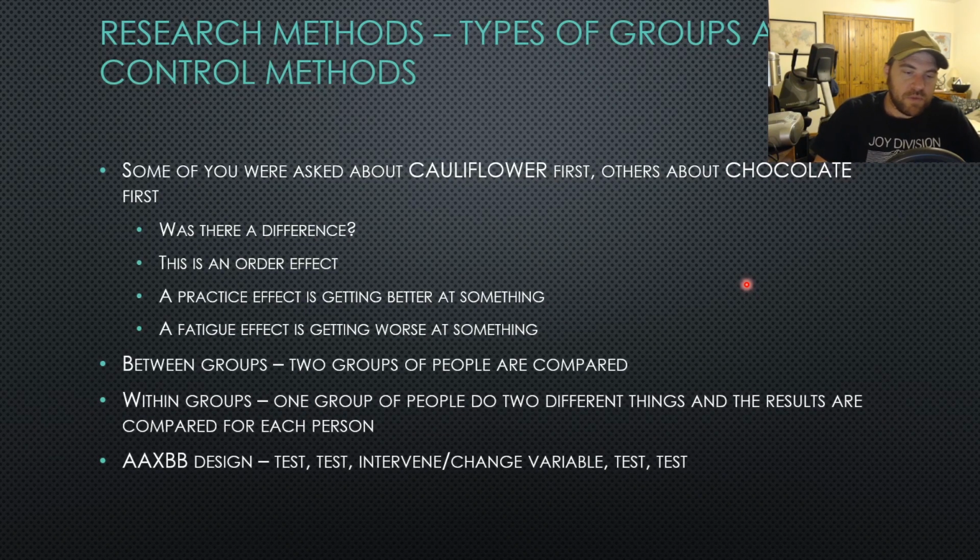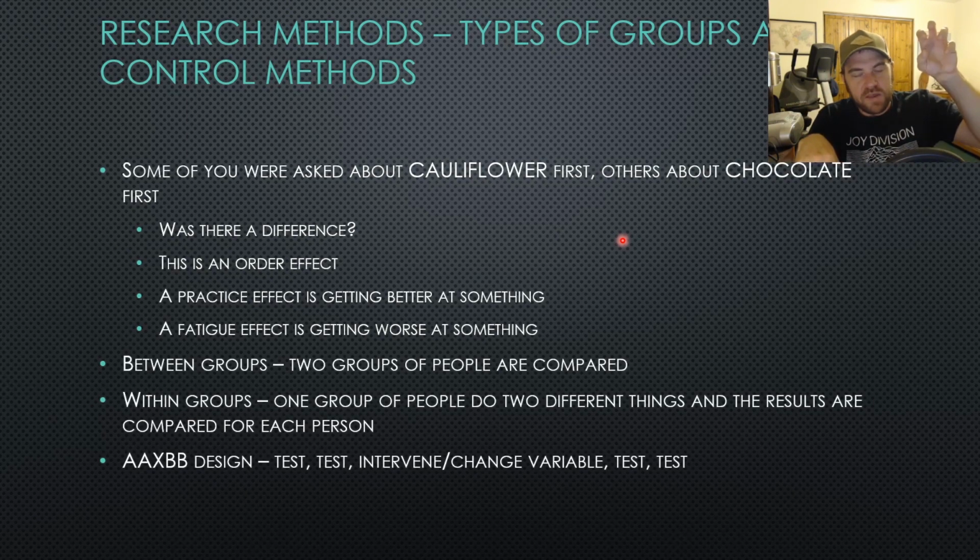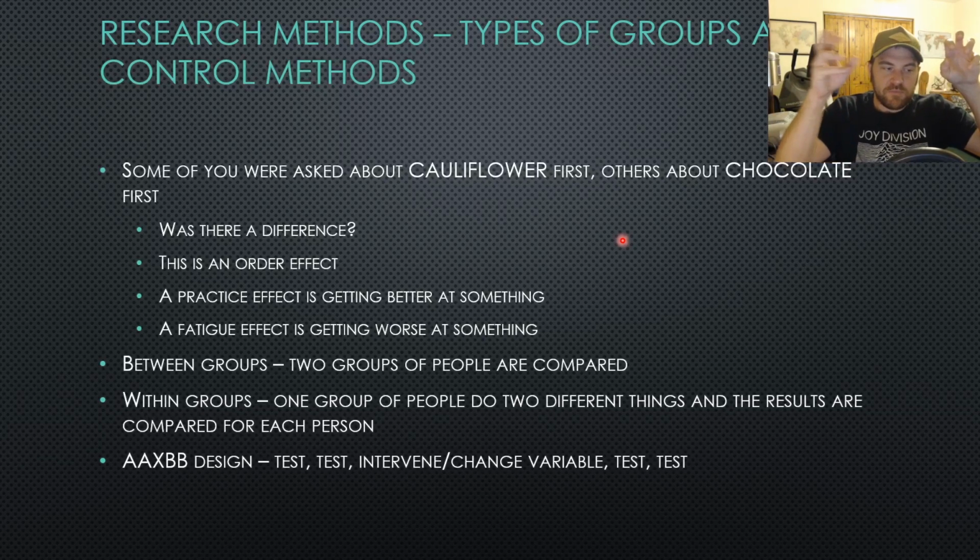if you do fine, then why take it again? But all right, so now between groups and within groups are different ways to set up an experiment. A between groups method is where you have two different groups of people. So think about you guys when you were answering the question about cauliflower and ice cream. One group got cauliflower first, the other group got ice cream first.